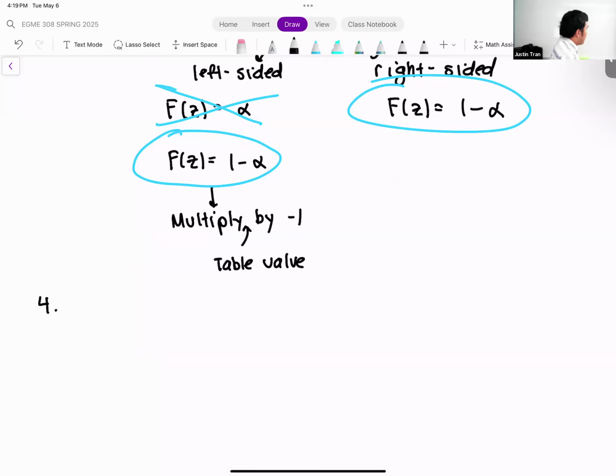Okay, step 4. So step 4, this is when we're going to look up the table. So this is the table of the t distribution that I sent out to everyone. Okay.